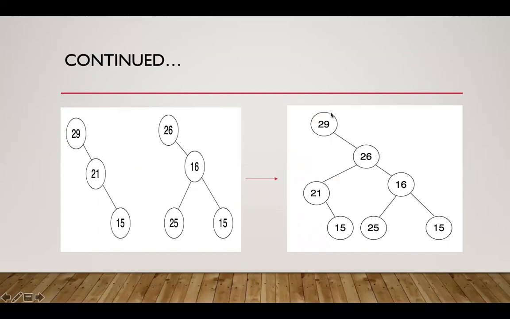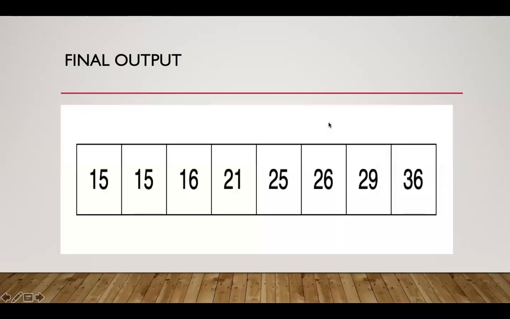And as you can see again, now 29 has come up at the top and this is sorted. So we can push it as the second last item in the sorted array because the last item is 36. So 29 would be second last item in the sorted array. This process keeps on going again and again until we are done with all the nodes. And as the final output, you get this.